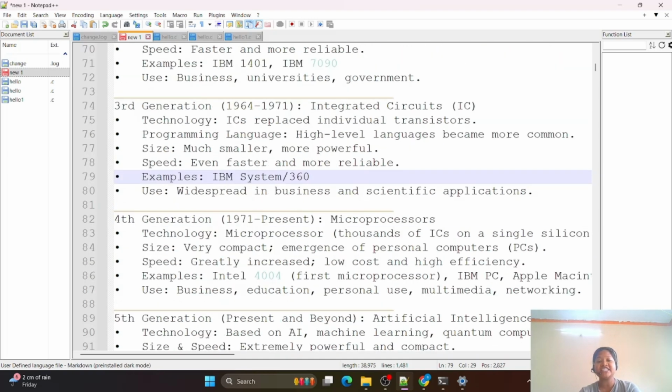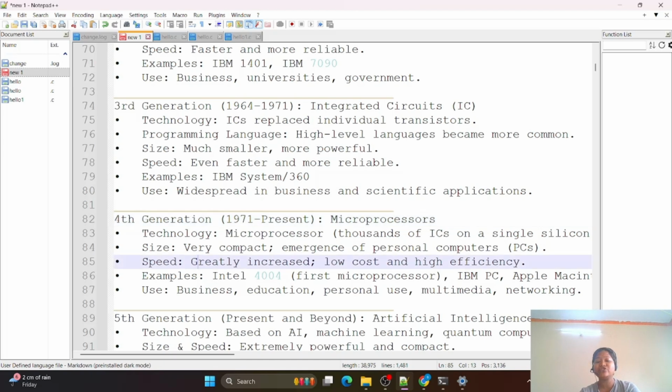Fourth generation, the time period was from 1971 to present, like nowadays also we are using this. Here microprocessors are used, which consist of thousands of ICs on a single silicon chip. Size was very compact, and the emergence of personal computers, PCs, was in this generation.